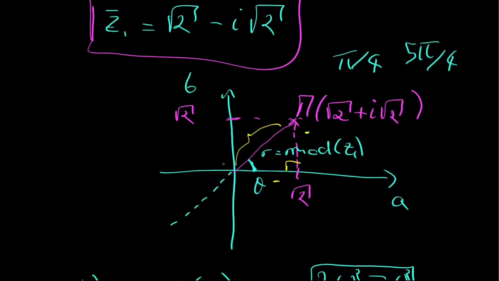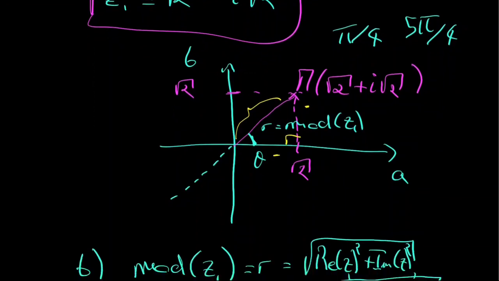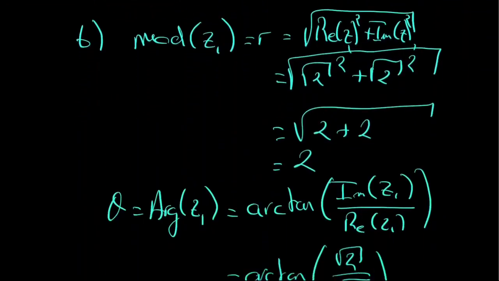Just looking at the sketch, just looking at where the point is. The point is in the top right hemisphere, so it is in this part. So the answer is pi over 4.